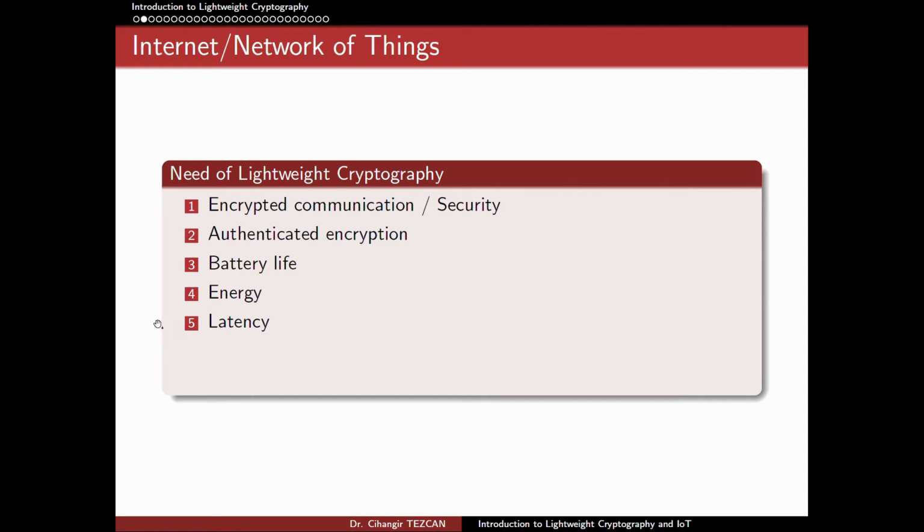If your encryption algorithm is causing some huge latency, then this would be something you would not prefer. Another thing we need to consider is throughput. Throughput in a network of things depends on your setting and your transmission data and so on. We generally assume that we don't need to send too much data or large data in IoT settings, but it depends on the application.